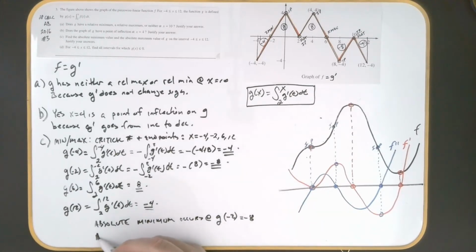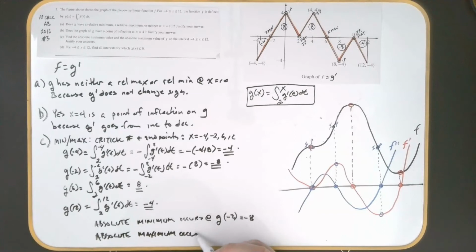And the absolute max occurs at, looks like we have g of 6, which is equal to a positive 8. So there are our two answers there.